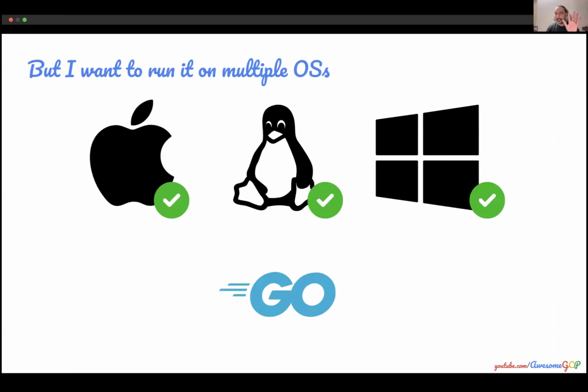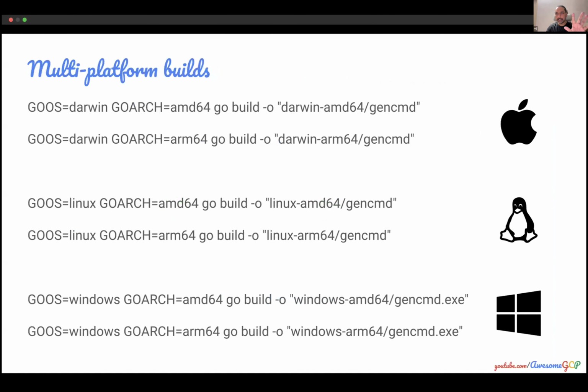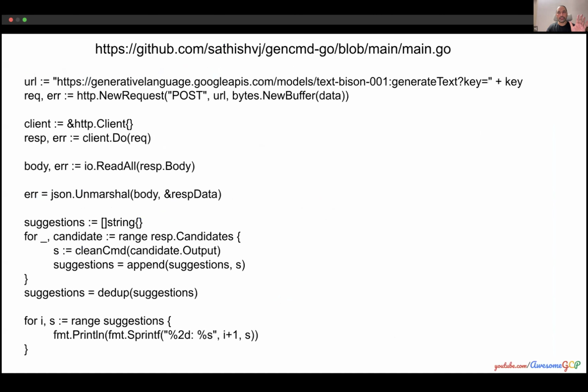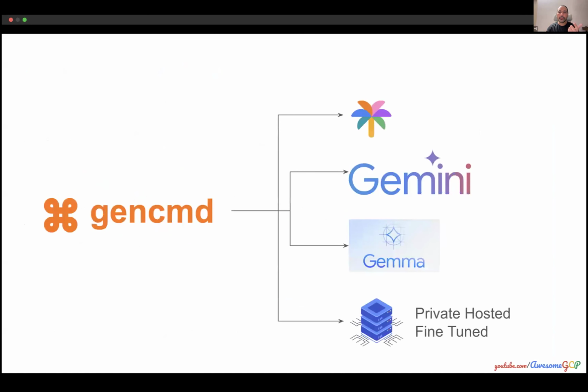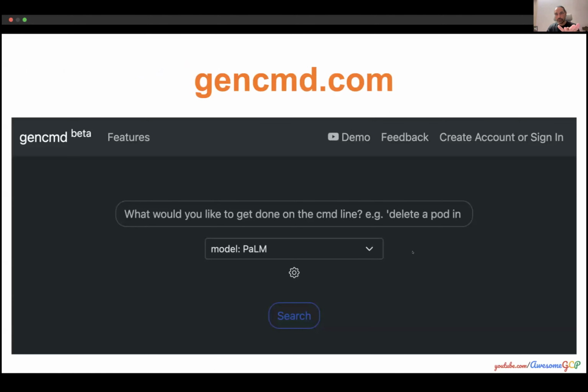So here again, just sharing the code, how I did in shell script and then in Golang. If you understand Golang, the code is again open source. I will still give you that. Okay. And what I've done is with gencommand.com and the corresponding command line, I'm able to route it to multiple LLMs, right? So that's what I showed you, the browser.